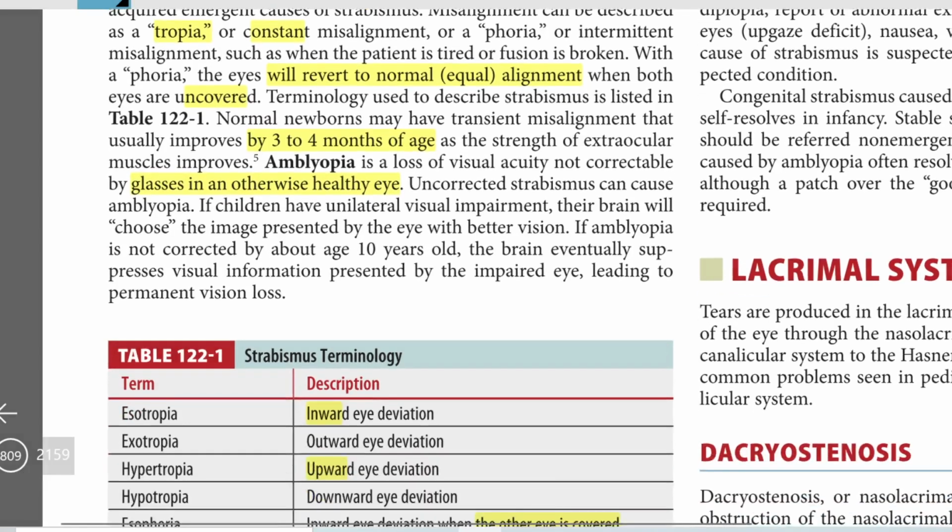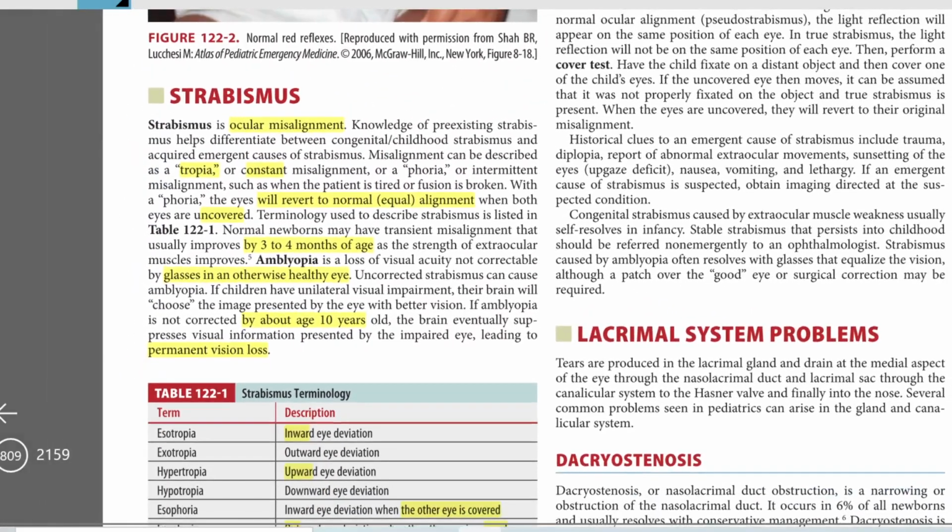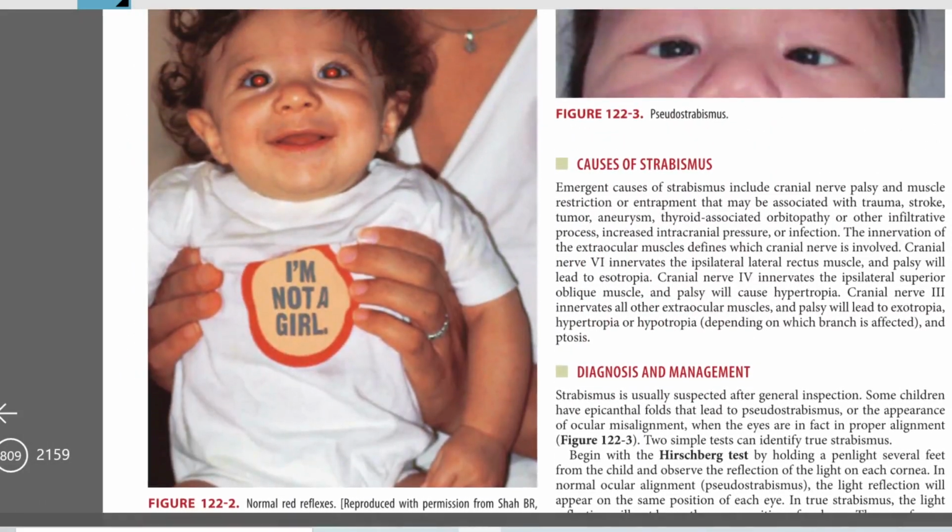Uncorrected strabismus can cause amblyopia. If children have unilateral visual impairment, their brain will choose the image presented by the eye with better vision. If amblyopia is not corrected by the age of 10 years old, the brain will eventually suppress the visual information presented by the impaired eye, leading to permanent vision loss. So we must be careful that the patient does not go into this.